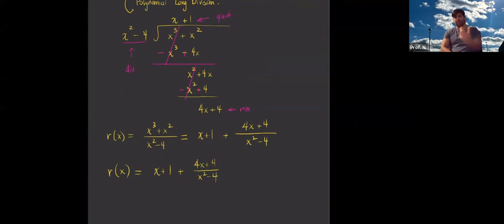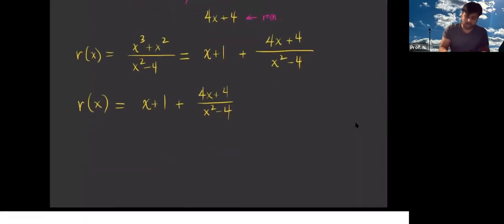So then you may say, you know what? It just seems like you're making it more complicated. But actually now I know a bit more about my rational function. And what do I know? Well, the idea is this.